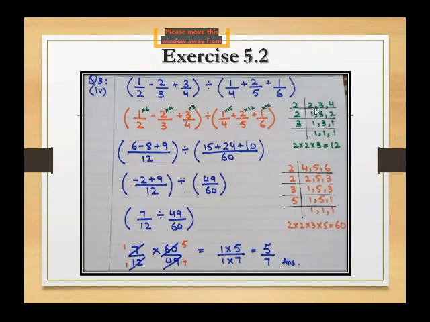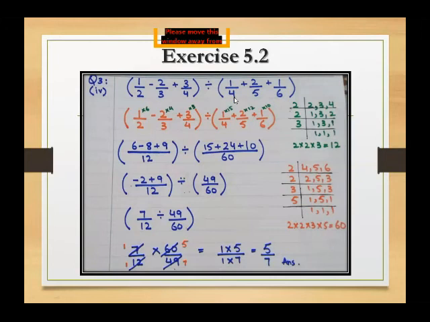So 2 ones are 2, 3 as it is, 2 twos are 4. Again 2 ones are 2 and 3 ones are 3. So the LCM of 2, 3 and 4 is 2 twos are 4 and 4 threes are 12. So the LCM of 2, 3, 4 is 12. Now the same in this bracket. All three fractions are unlike fractions.